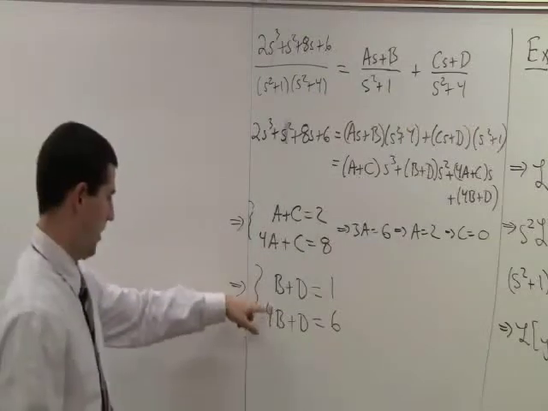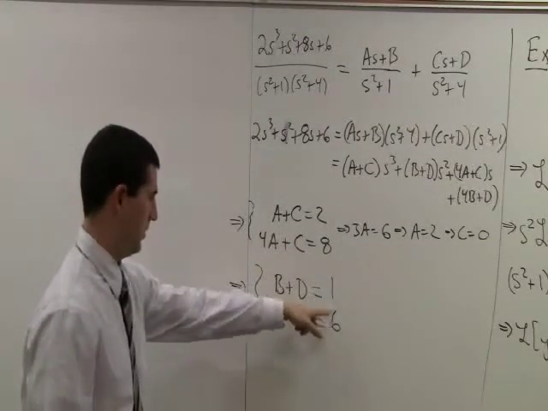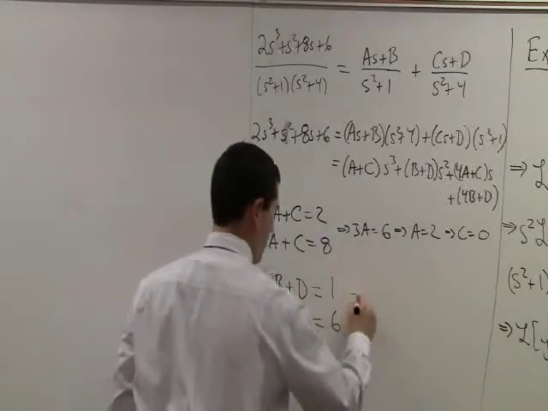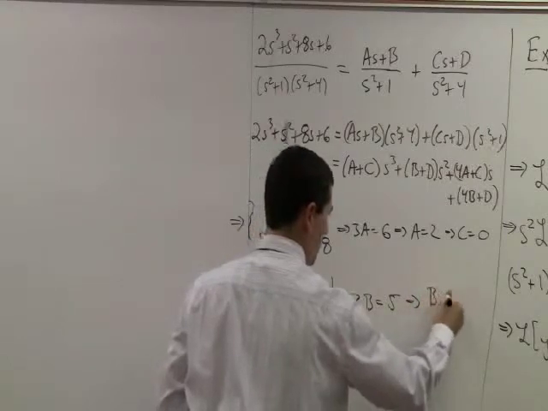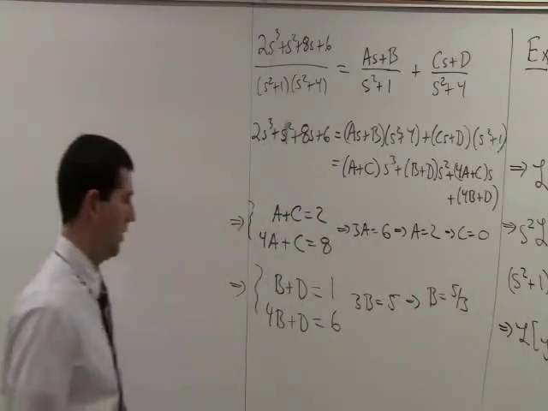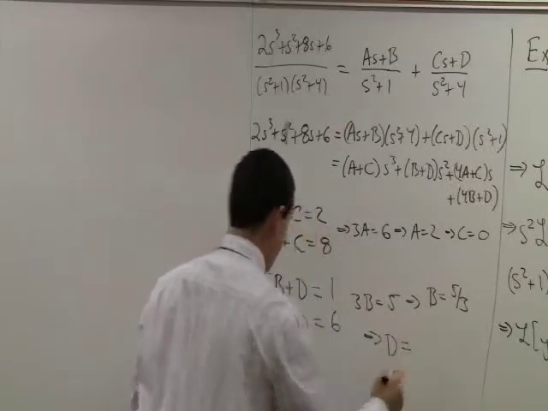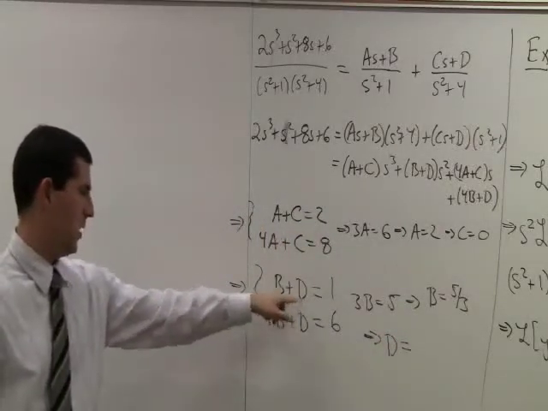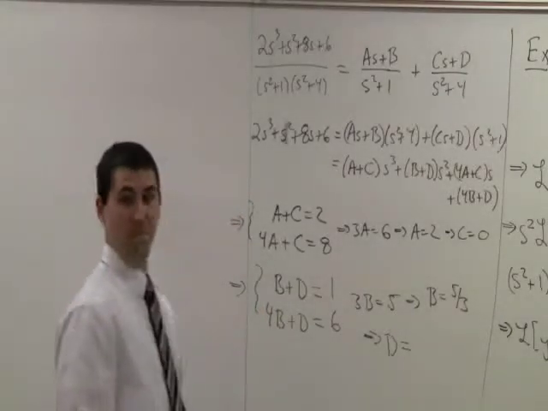And this one, I subtract: 4b minus b is 3b, the d's cancel, and 6 minus 1 is 5, so 3b equals 5, so b equals 5/3. And if b is 5/3, and b plus d is 1, then d must be negative 2/3.